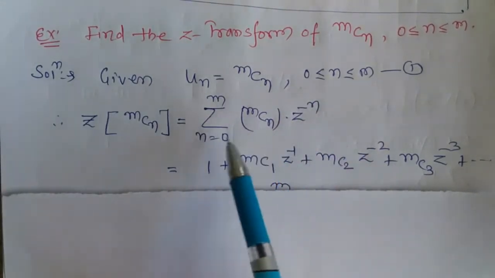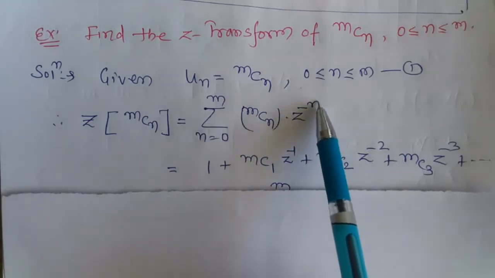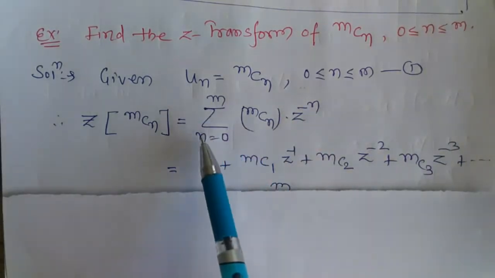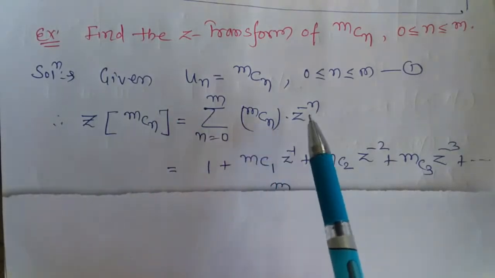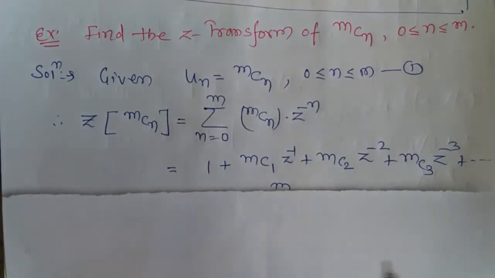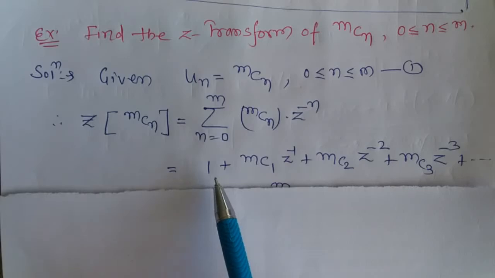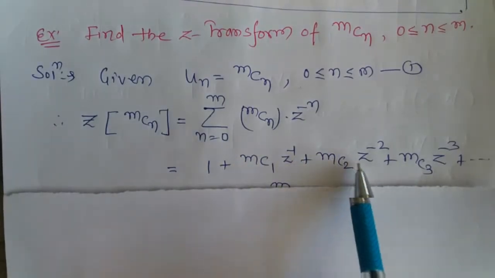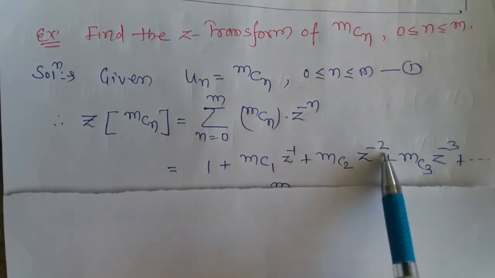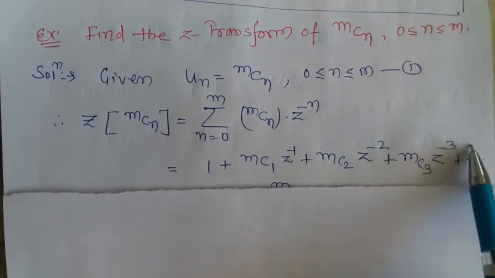For n equal to 3, we get mC3 z^(-3) and so on, up to mCm z^(-m), and mCm is 1. So this expansion is 1 + mC1 z^(-1) + mC2 (z^(-1))^2 + mC3 (z^(-1))^3 and so on.